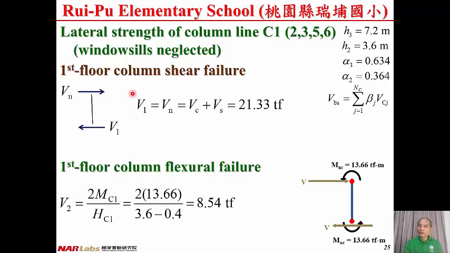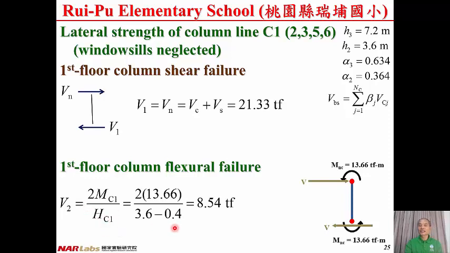The first failure mode is shear failure on the first floor column. V1 equal to Vn equal to Vc plus Vs equal to 21.33 ton force. The second failure mode is the flexural failure mode of the first floor column. V2 equal to 2 times MC1 divided by HC1.